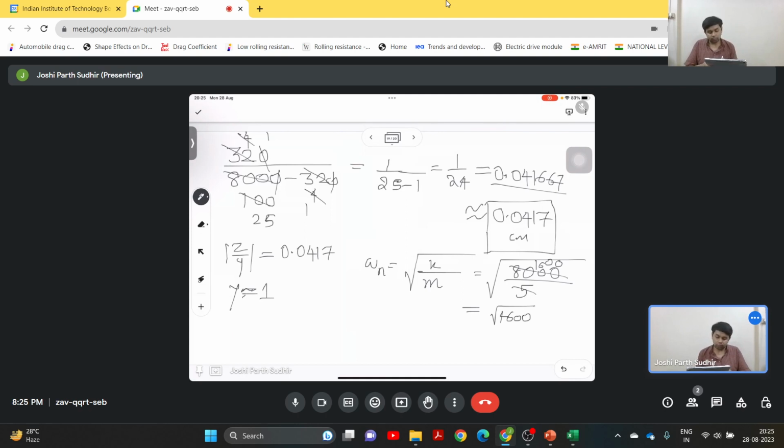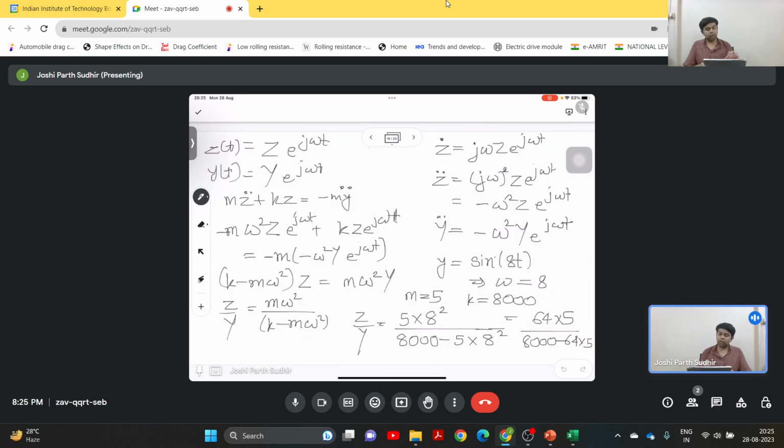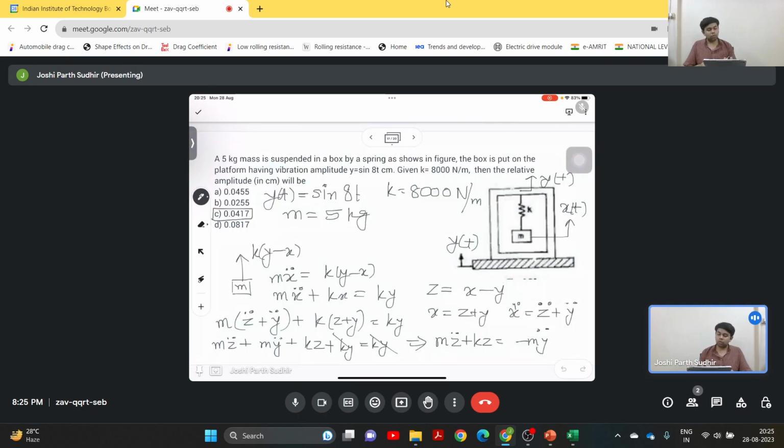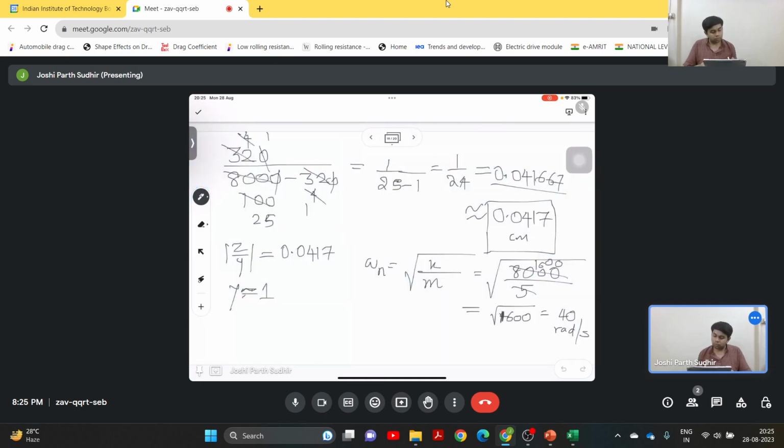Root of 1600 is 40 radians per second, and it is given that omega is equal to 8. So therefore omega by omega n is 8 by 40, which is 1 upon 5, which is equal to 0.2.